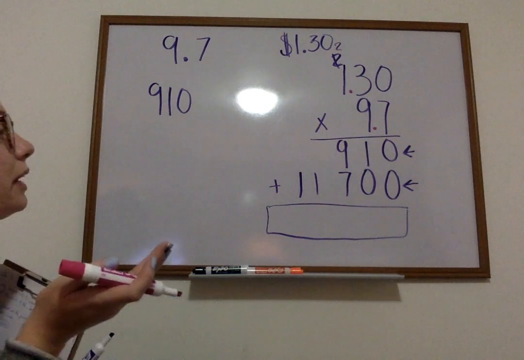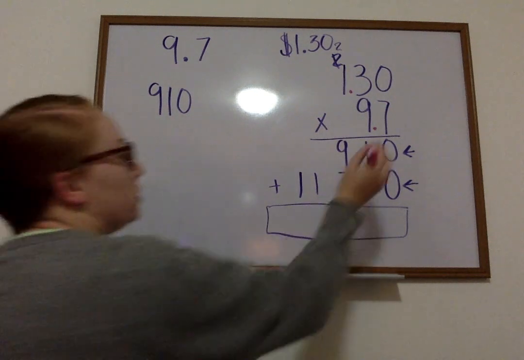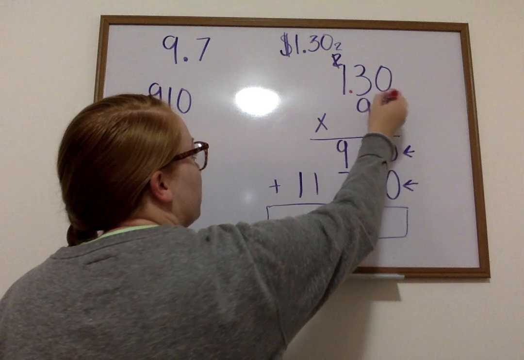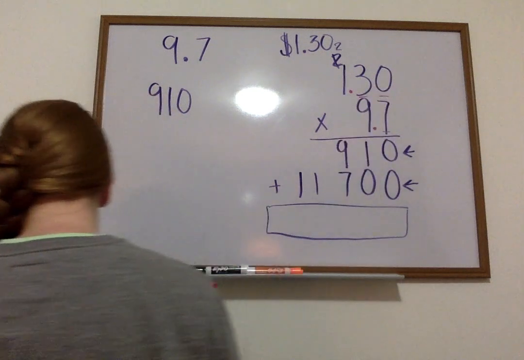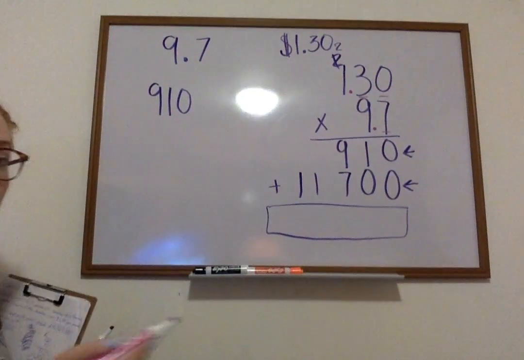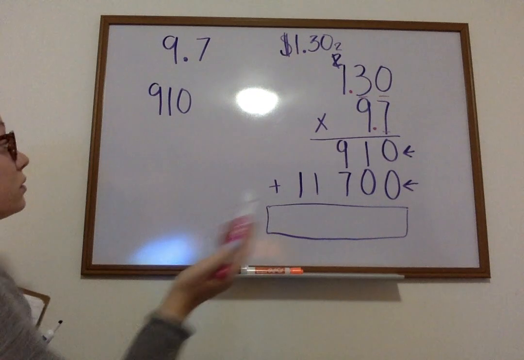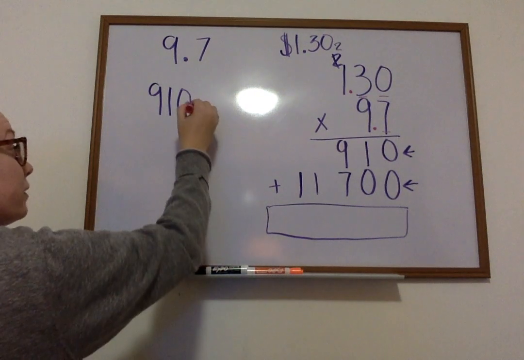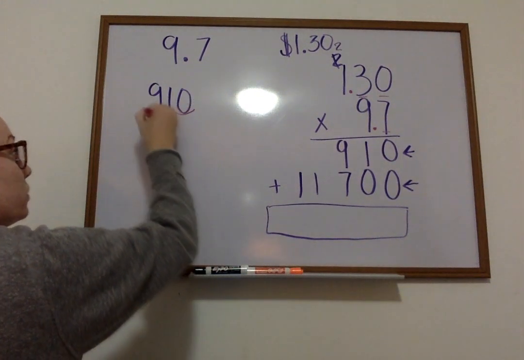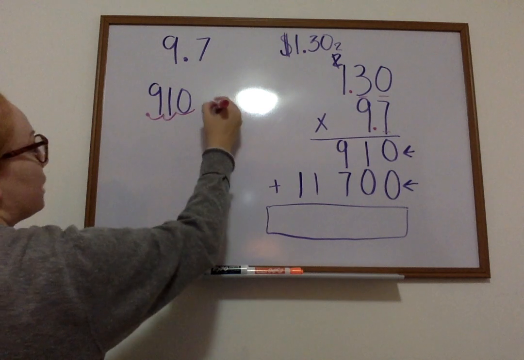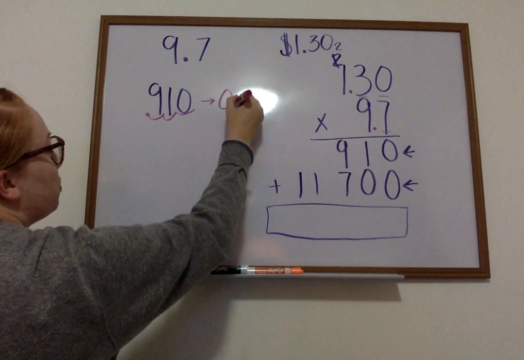So let's see, how many numbers are behind the decimal? I have 1, 2, 3 numbers behind the decimal. So that means I'm going to have to move my decimal 3 places forward. 1, 2, 3. My answer then becomes 0.91.